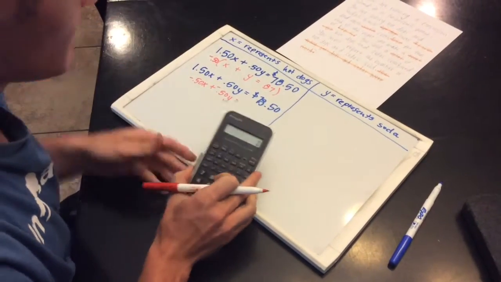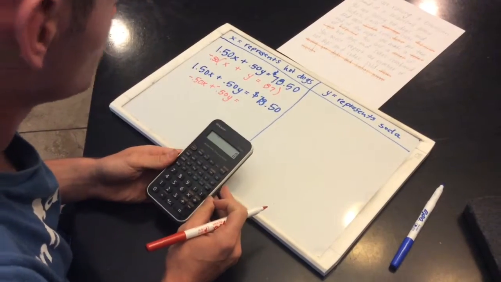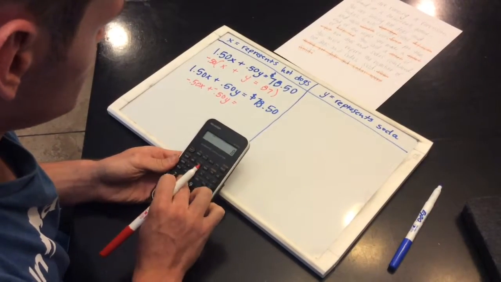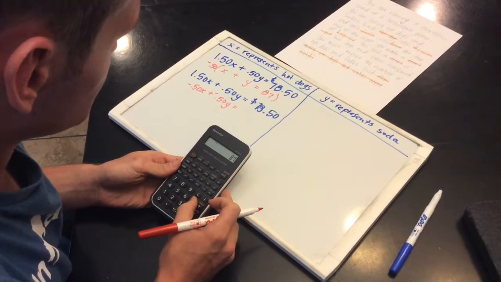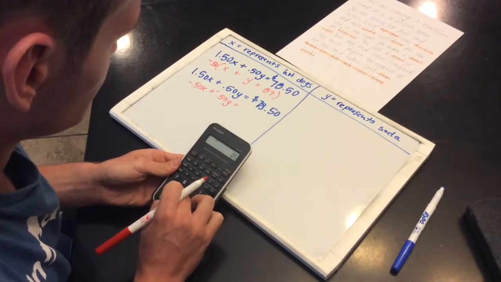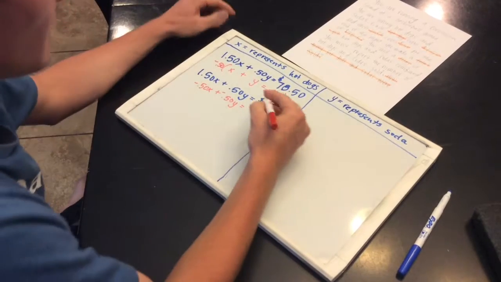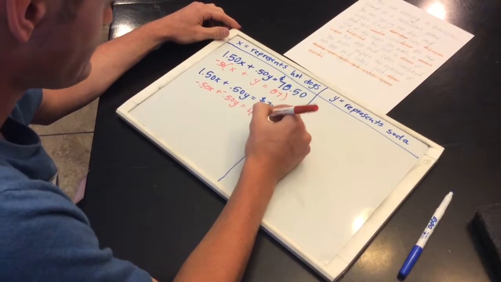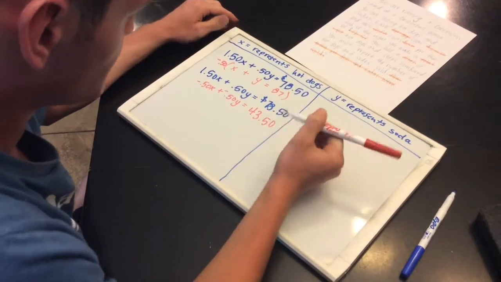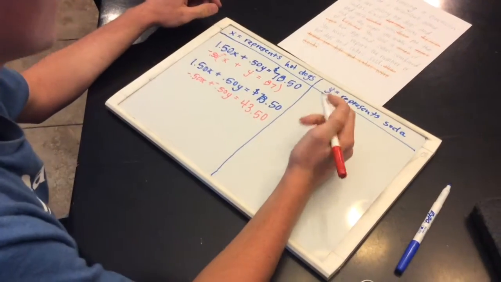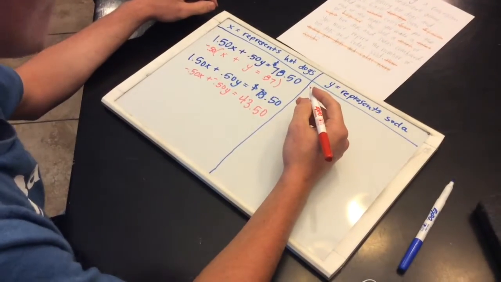Those of you with calculators will use those. So we go 87 times 0.5. Then we end up with 43.5, and then we'll just add a 0 so these two stay the same.